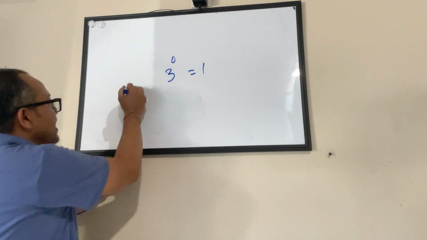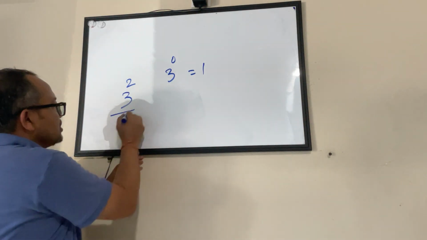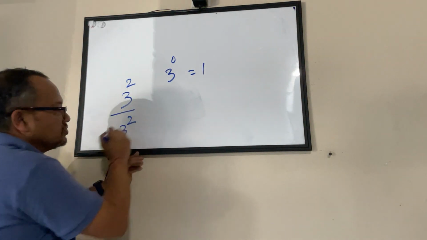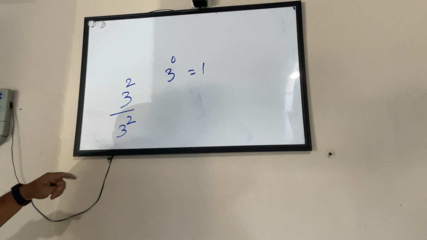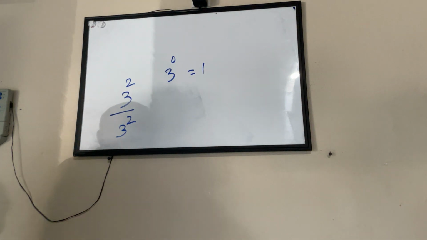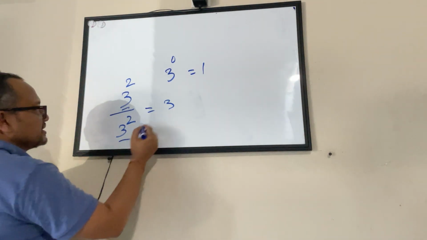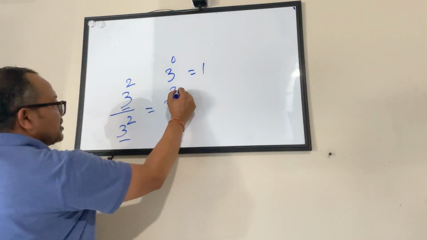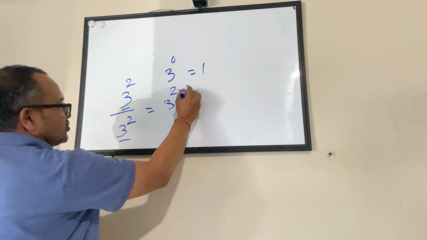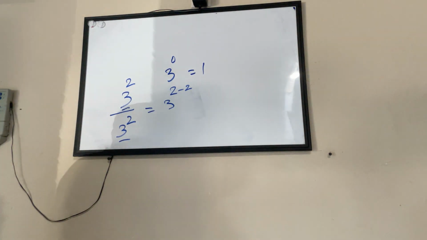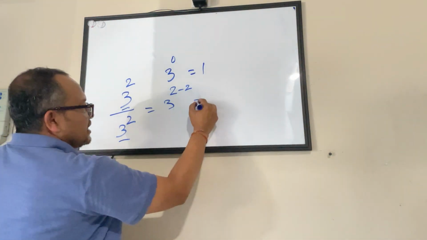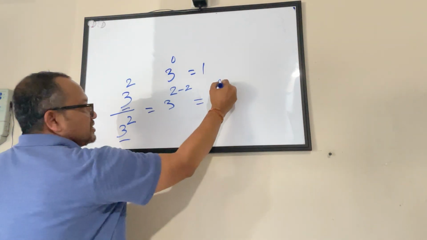Let's say I have 3 to the power 2 divided by 3 to the power 2. Okay? How much that will be? Whatever we have learned, we have both same base. It becomes 3 to the power 2 minus 2. Yeah? Yes. 3 to the power 2 minus 2 is 0.